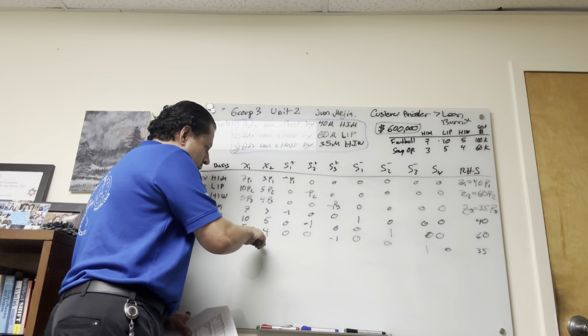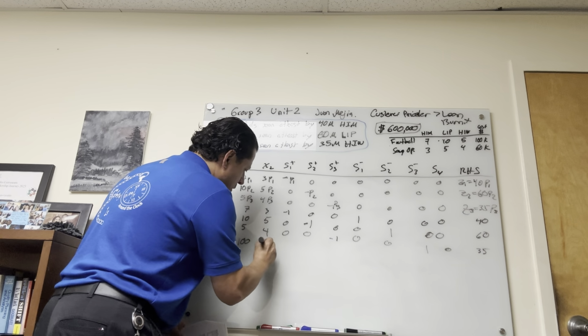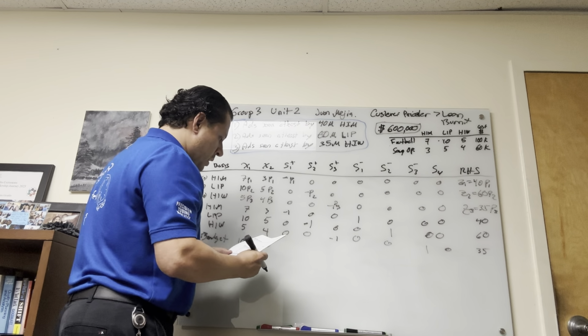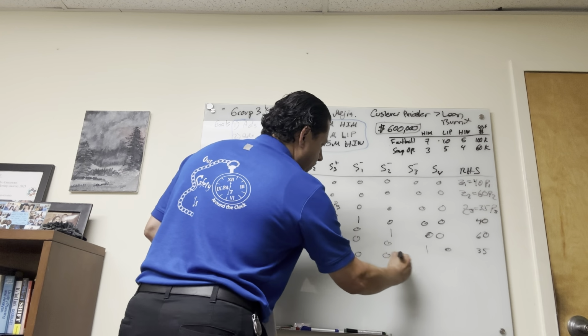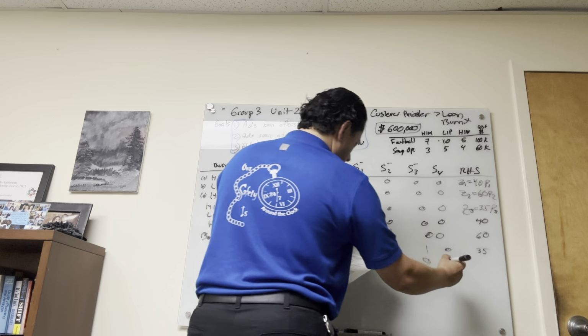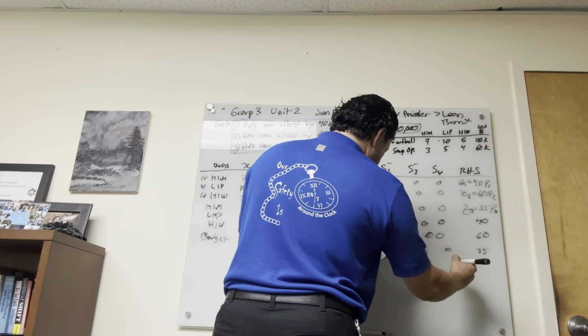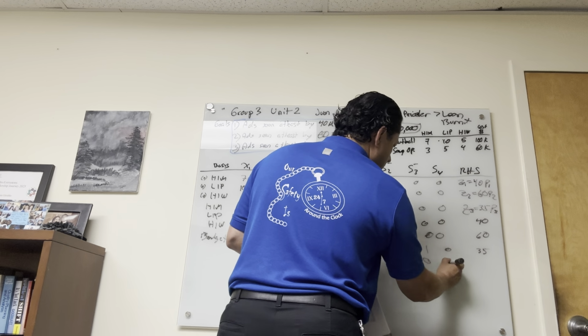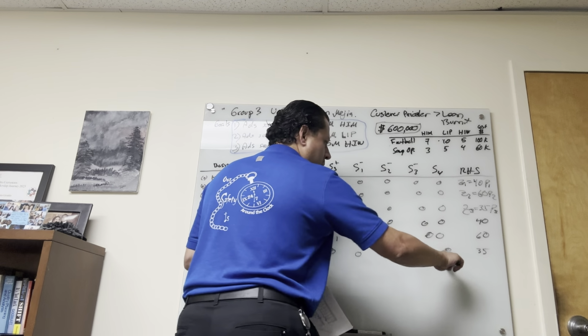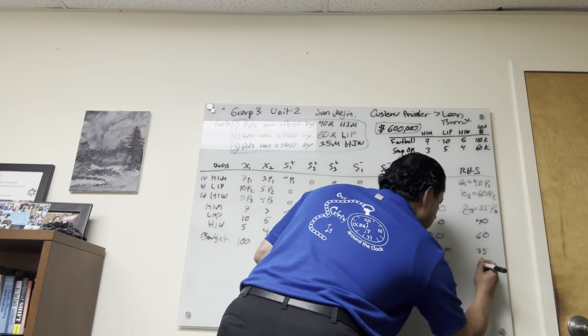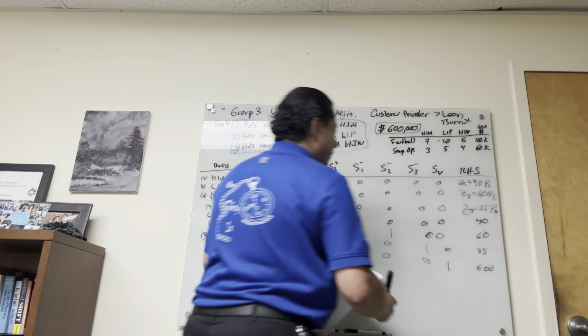Let me make this a little more readable. 60, I'm sorry, and then it's zeros all across. But then you have a 1 in S4, and then you equate this to 600.